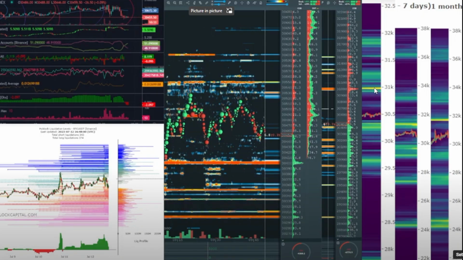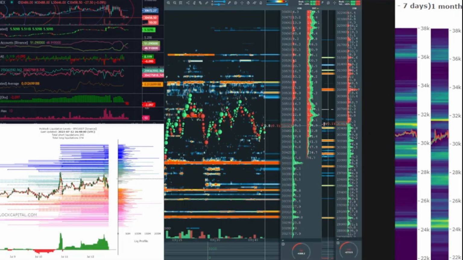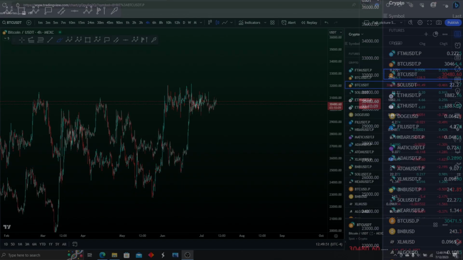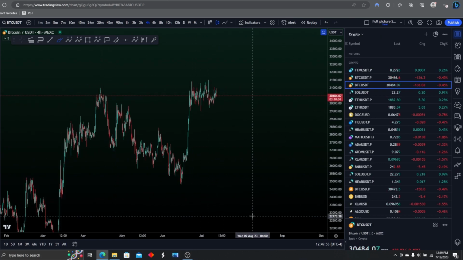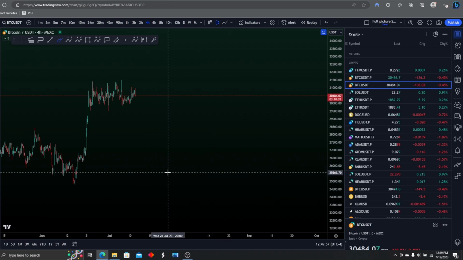So, from a liquidity point of view, market makers are going to want to sweep this, stop everyone out, liquidate everyone. And then, once they get in their positions, they can turn it around and go the other way. So that would imply a move up and then down sharply.